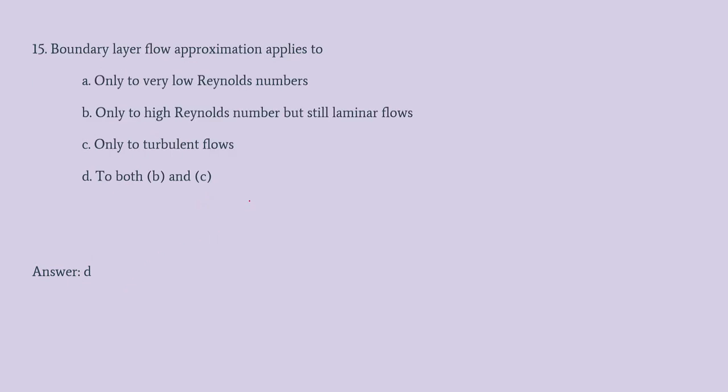Next one, boundary layer approximation applies to. So we know when the fluid is interacting with the solid surface, something called a boundary layer develops, because the fluid layer which is near the boundary will be in constant contact with the solid boundary.